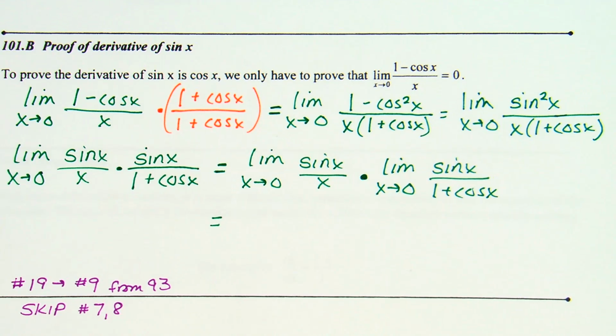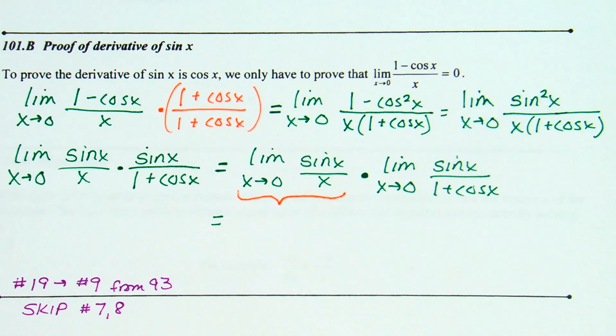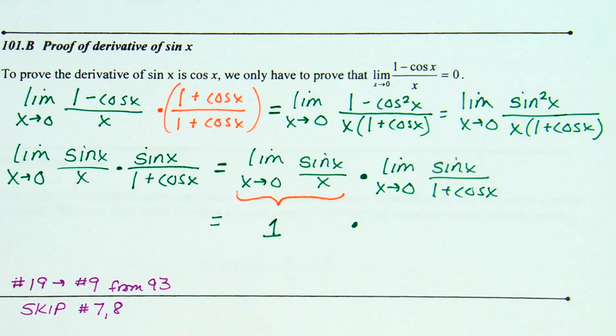What do you know about that first limit? Equals 1. One of the things you're supposed to walk out of here knowing today is the limit as x approaches 0 of sine x over x is 1. Okay. What about the limit as x approaches 0 of sine x over 1 plus cosine x? Can we do that yet?